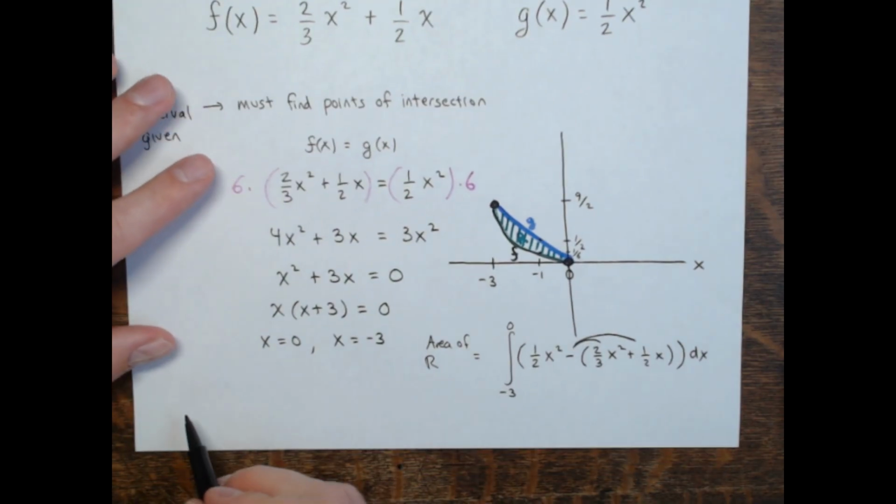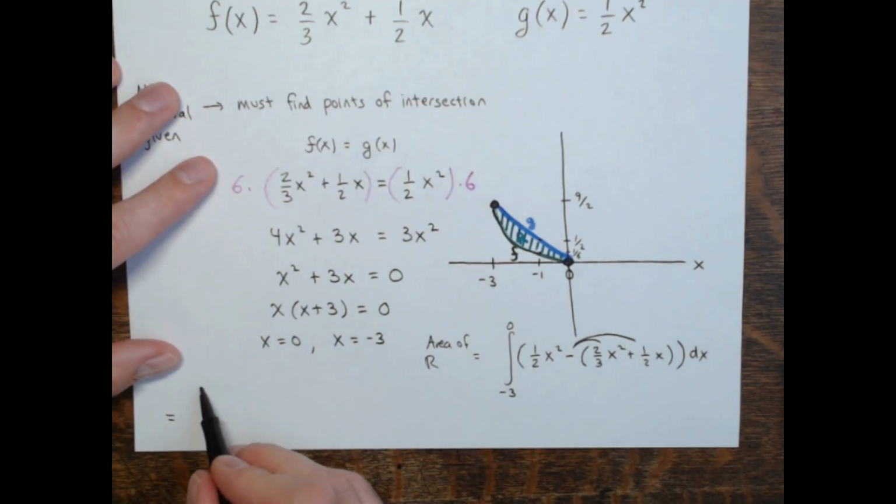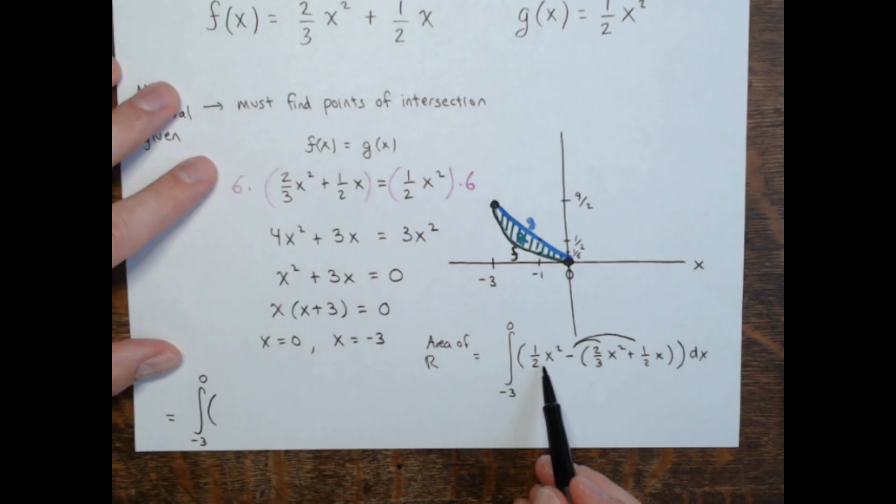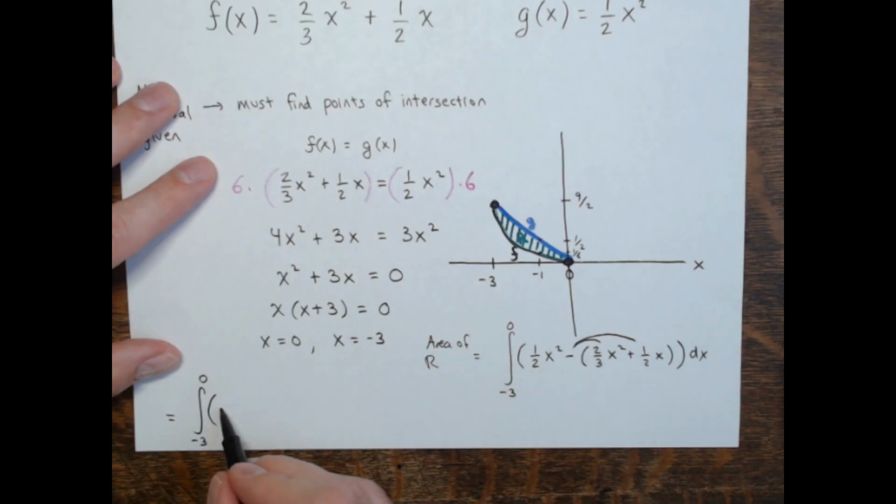All right, so let me take this over here. This is going to be then the integral from -3 to 0 of now half x squared, that's 3/6 x squared, minus 4/6, 2/3 x squared. So that'd be -1/6 x squared, and then minus half x.